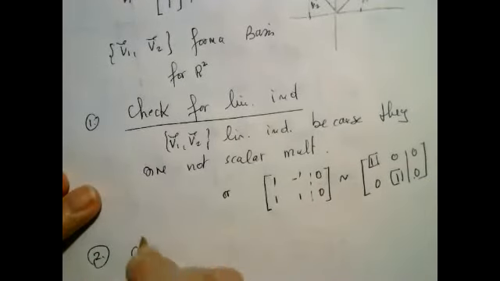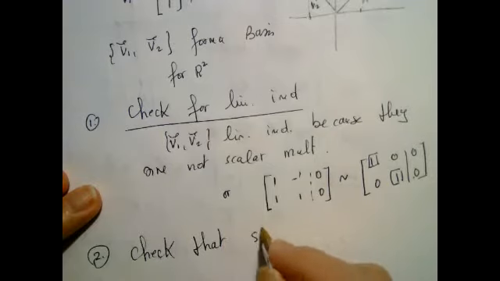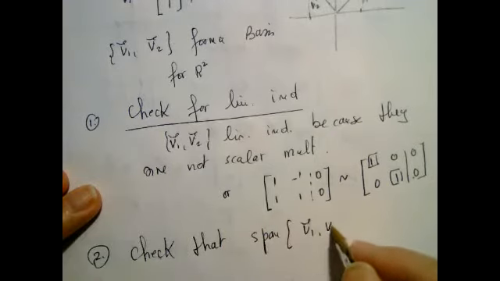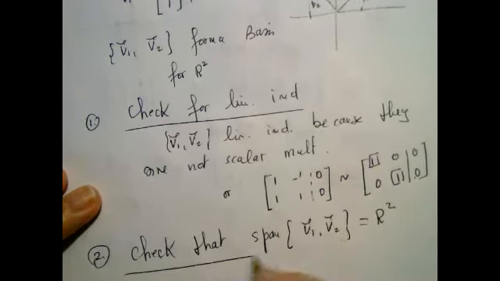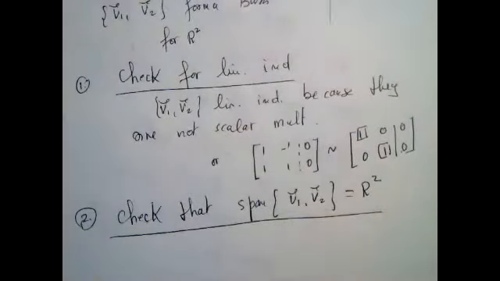Now we have to check that the span of V1, V2 is equal to R2. Is this the case? You guys are giving me tons of them. There are a lot.